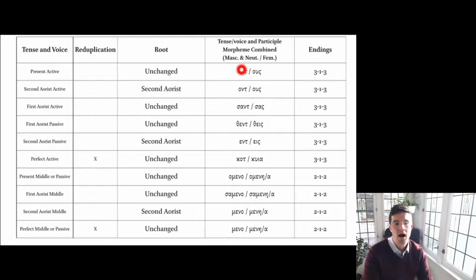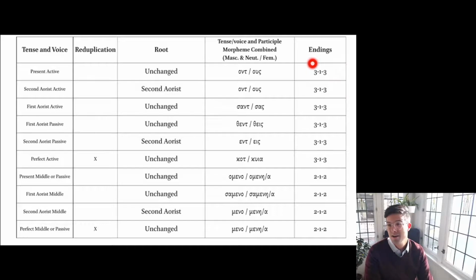This is probably going to be the most relevant column for you. When you look at a participle and you look at this column, it's going to really tell you what's going on. In just a second, I'll give you an order of operations for identifying participles, but starting here is a good place to start. And then the endings are added on, whether it be third declension or first declension.